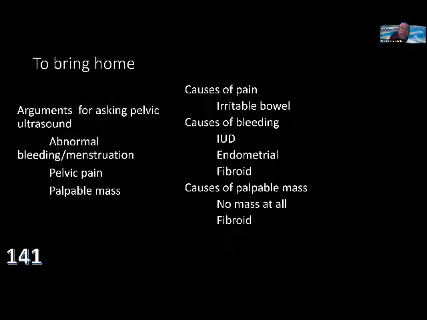The causes of bleeding: IUD presence, endometrial causes, or fibroid. Usually it is that. Or she took the emergency pill, started bleeding, and she didn't know why. And the causes of a mass: she doesn't have a mass, or she has a fibroid. It's not common to feel an enlarged ovary unless there's a big cyst or big mass on the ovary.